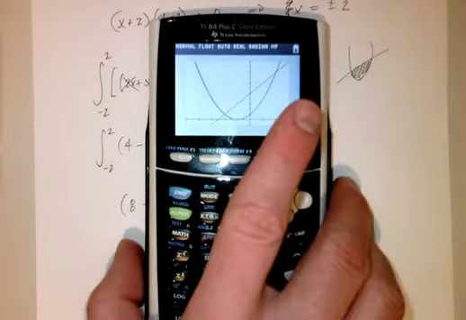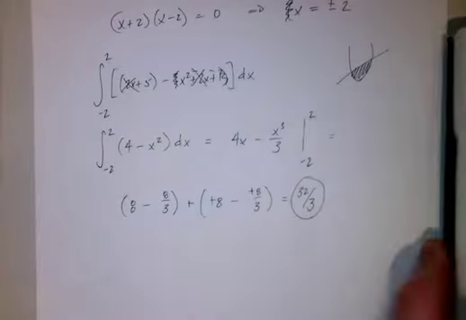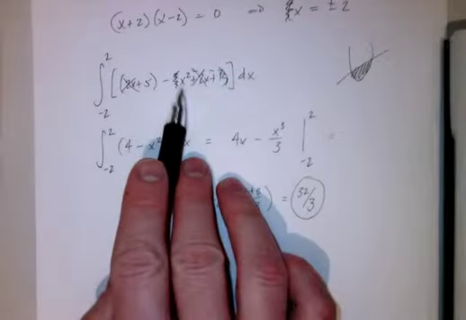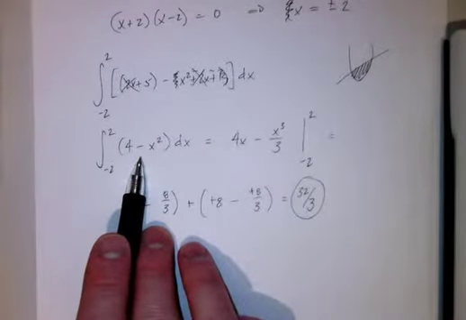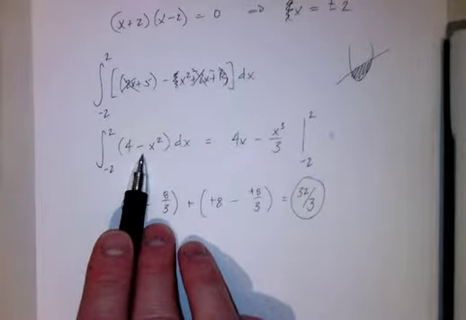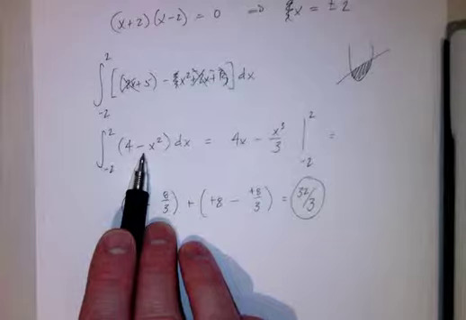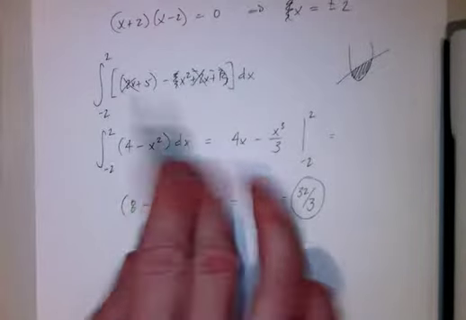Now, what happens here is that the moment that I've simplified this integrand into 4 minus x squared, does this 4 minus x squared know where it came from? No, the 4 minus x squared is just 4 minus x squared. It's an intermediate step, but it doesn't know that it came from here.